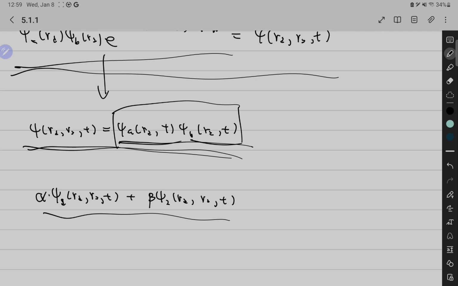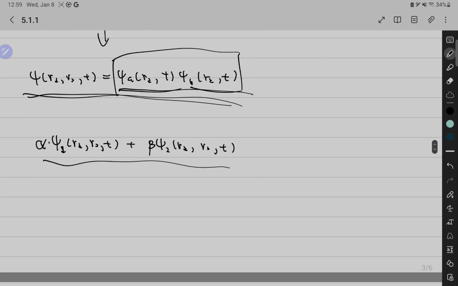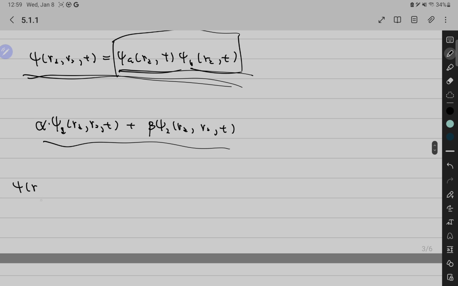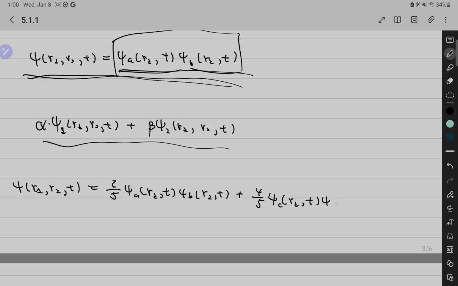So in the textbook, it writes down such an example, which is to consider the case of phi(R1, R2) equal to 3/5 phi A(R1, T) phi B(R2, T) plus 4/5 phi C(R1, T) phi D(R2, T).